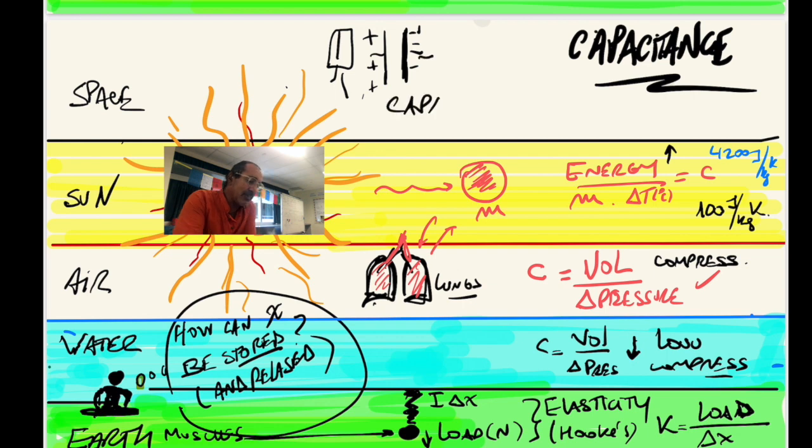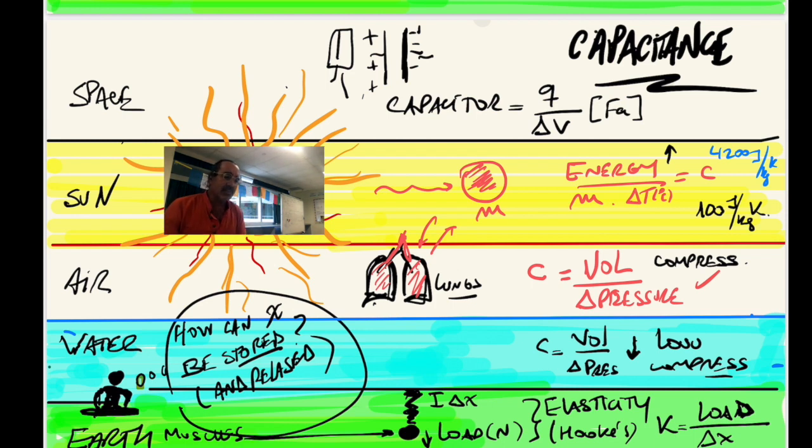So it is the same as a lung, but in this case what gets stored is charge, capacitor. What is a capacitor in electricity? The amount of charge that you store per unit voltage. That is what we call 1 Farad, and it's the capacitance of an electric capacitor.